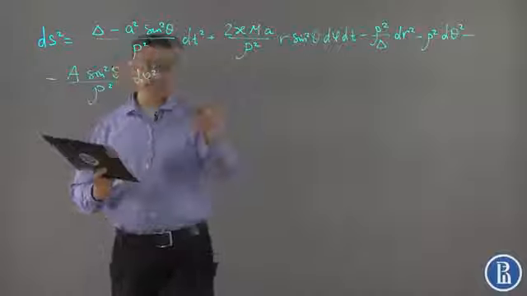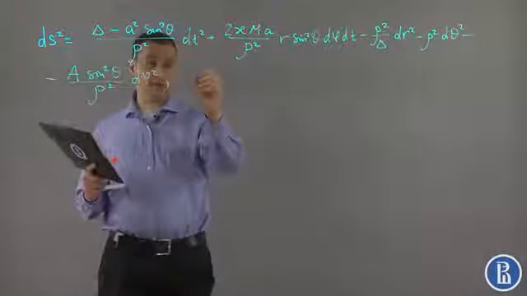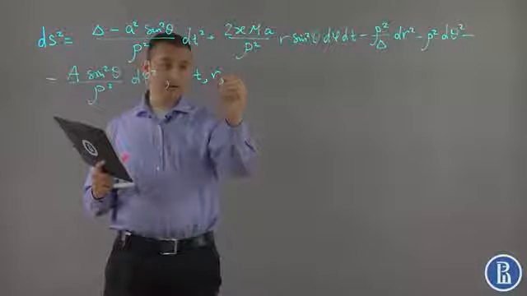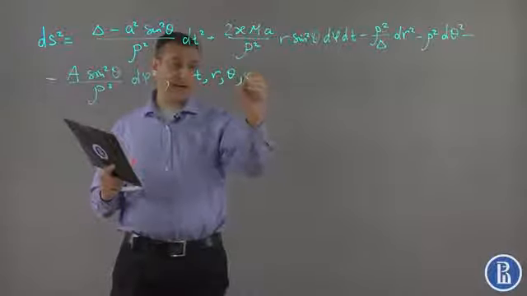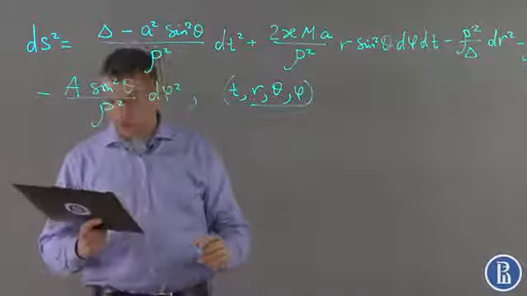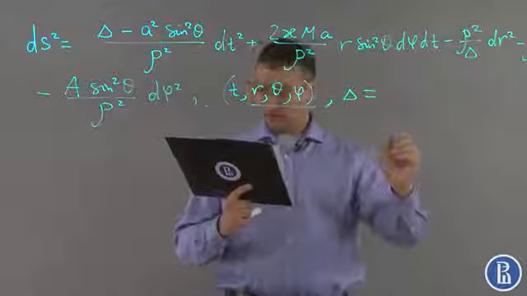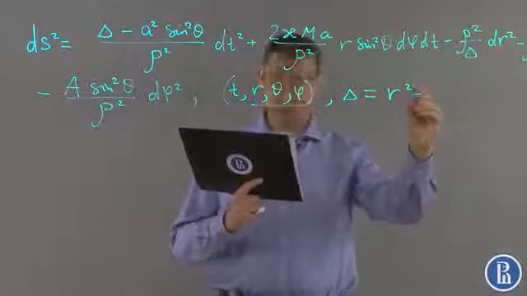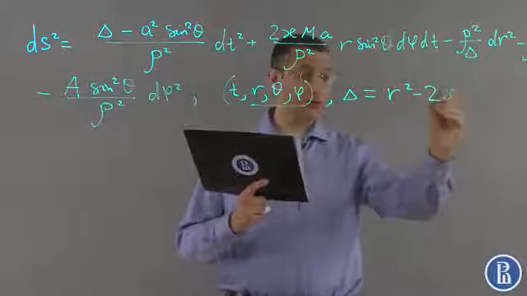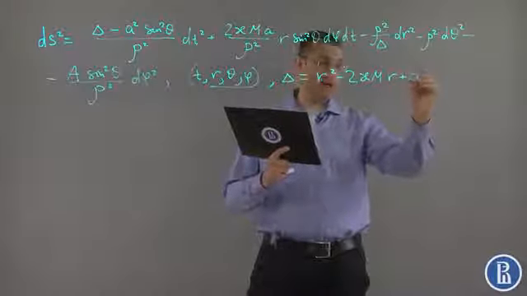So we have to specify the notations. First thing, we're using the following coordinates in space-time: the spherical coordinates in the spatial part. Then delta is just r squared minus 2 kappa m times r plus a squared.